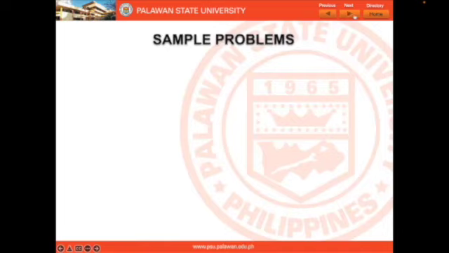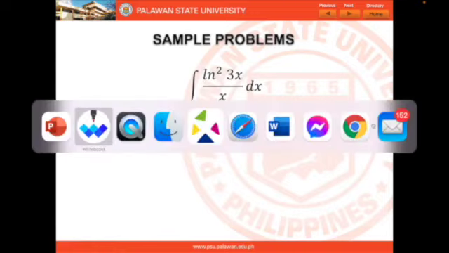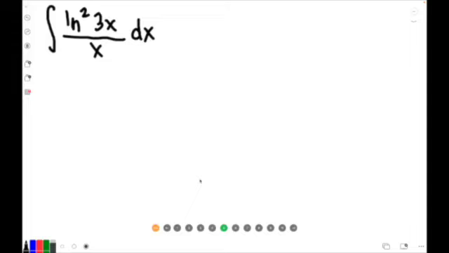Okay, so next one, I think this is the last one for this particular topic. We have the integral of ln squared 3x over x dx. For this one, it would be easier for us to identify what is u and what is du using u substitution if we try to separate the expressions.